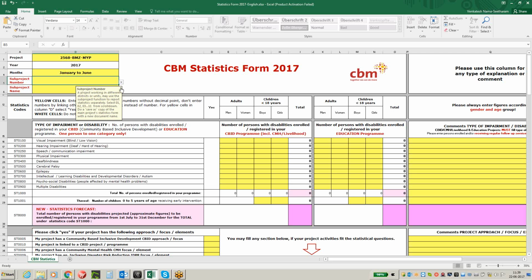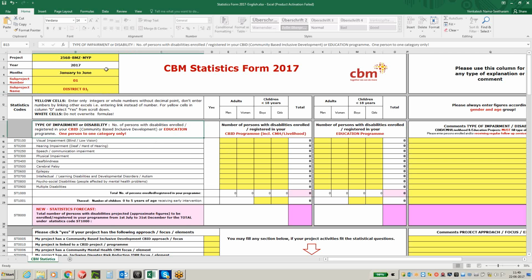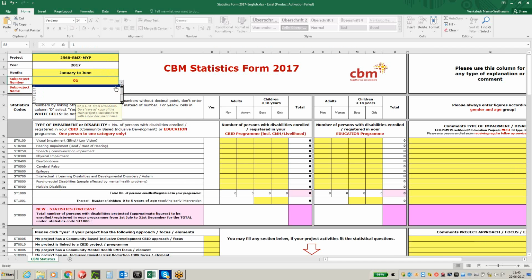Very simple, they can select 01 here, type the district name or whatever name they want, and fill the data related to this district. They can then use the same form, save as a copy with the same project number, select 02, give it any name, and send.